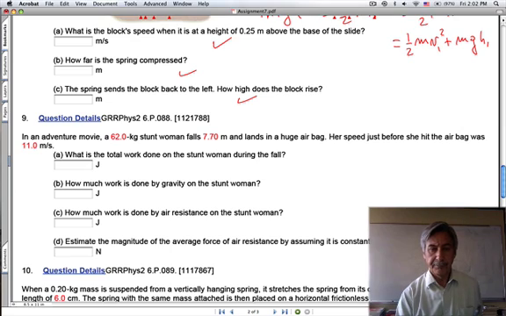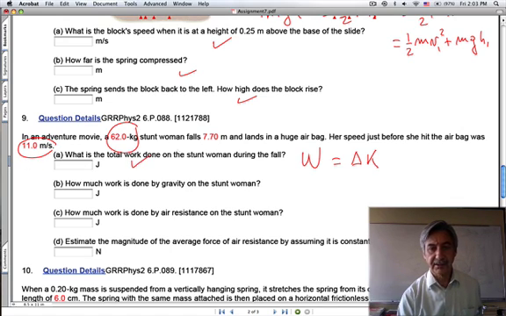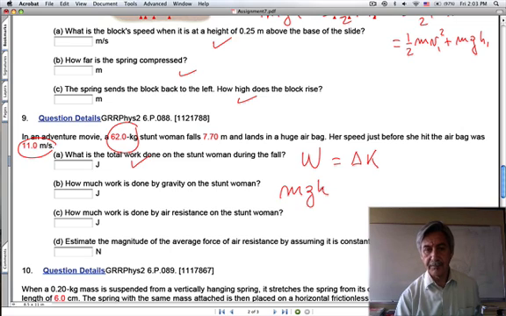The total work done here is the change in kinetic energy. Since you know the mass and the final speed, you know the change in kinetic energy, that's the total work. How much is done by gravity is mgh. And the difference between these two is the work done by air resistance.